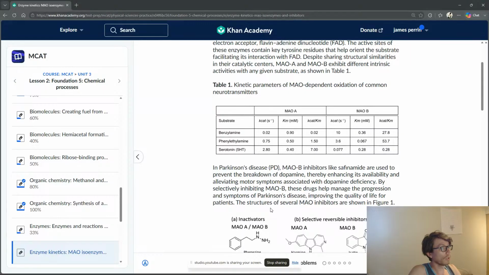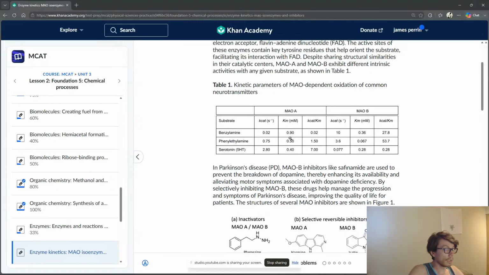Okay, Table 1, MAO-A and MAO-B. Okay, got a high Km for benzylamine. And the highest for MAO-B is also benzylamine.